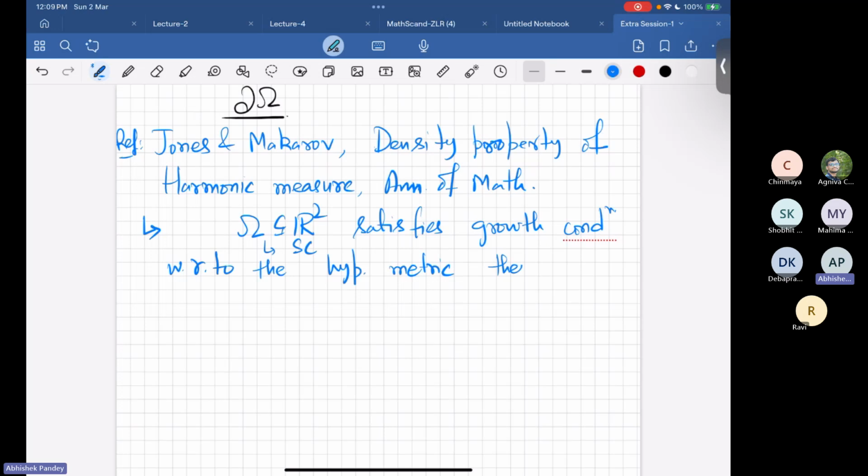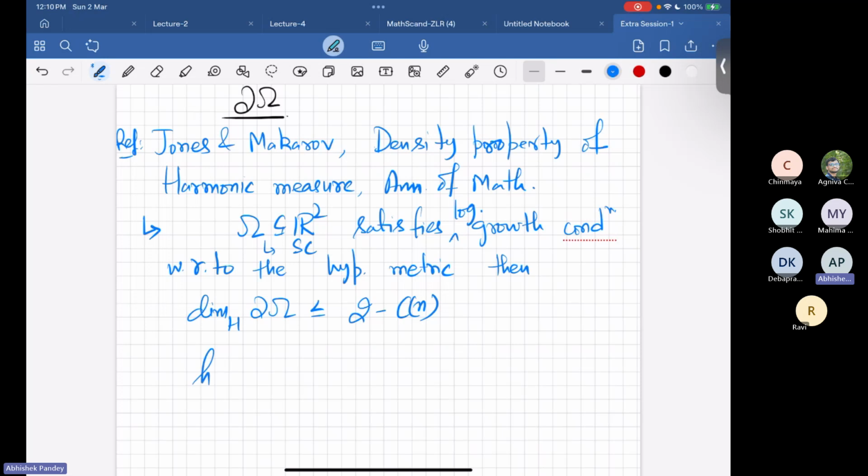Then the Hausdorff dimension of the boundary of omega is less than or equal to 2 minus some constant, and it satisfies the logarithmic growth condition.